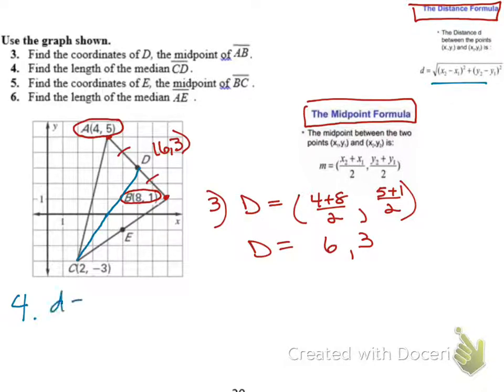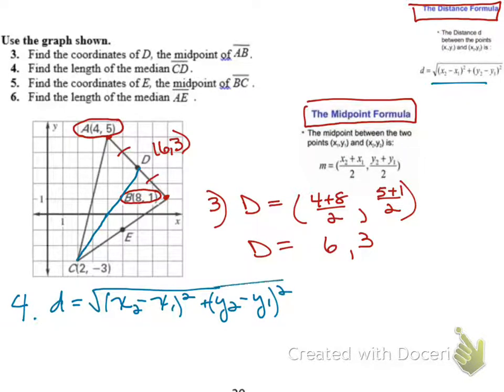So the distance formula equals the square root of x2 minus x1 squared plus y2 minus y1 squared. All right, let's get our variables. So if I take the D as my x2, it's going to be 6 minus, then I have C down here, 6 minus 2 squared plus, since under the radical still, y, I have to go back to the D, 3 minus a minus 3, so that's 3 plus 3 squared.